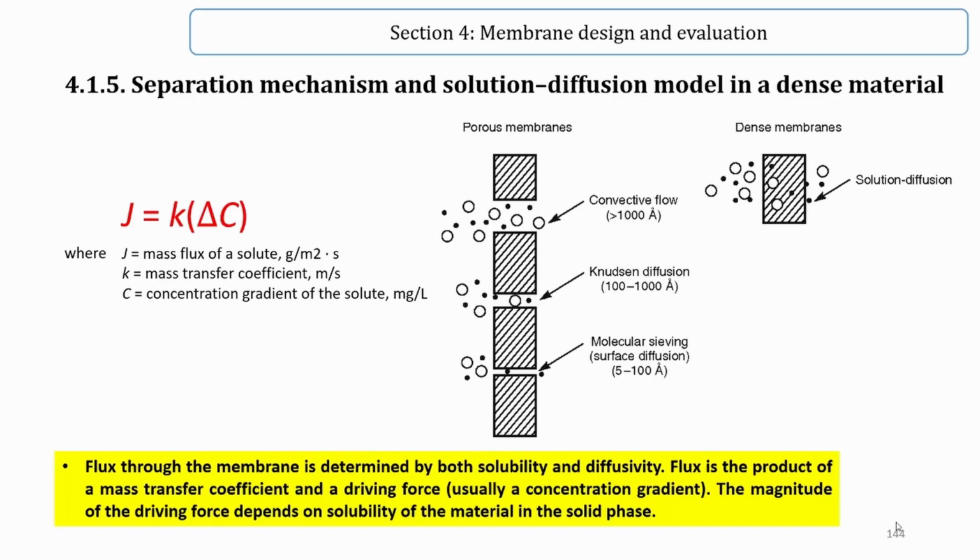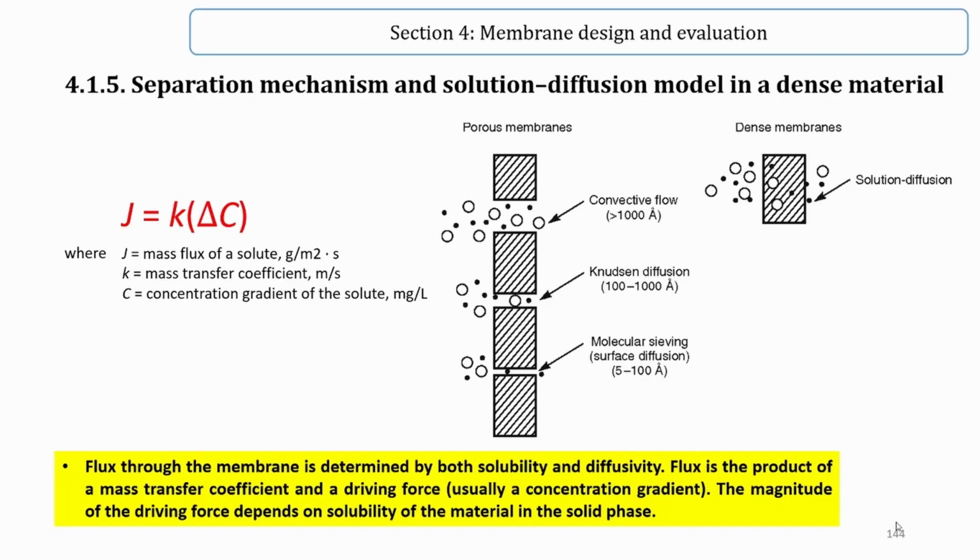Flux through the membrane is determined by both solubility and diffusivity. Flux is the product of a mass transfer coefficient and a driving force, usually a concentration gradient. The magnitude of the driving force depends on the solubility of the material in the solid phase. Separation occurs when the flux of the water is different from the flux of the solutes.